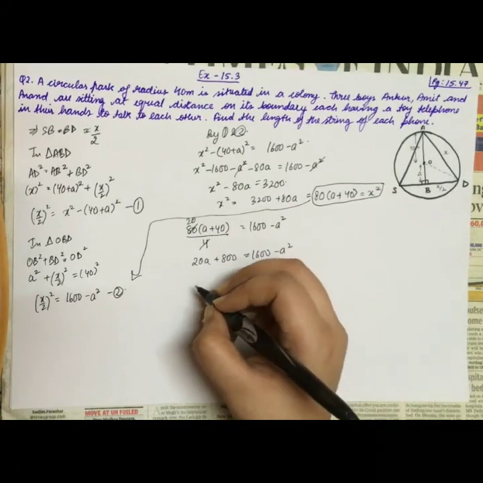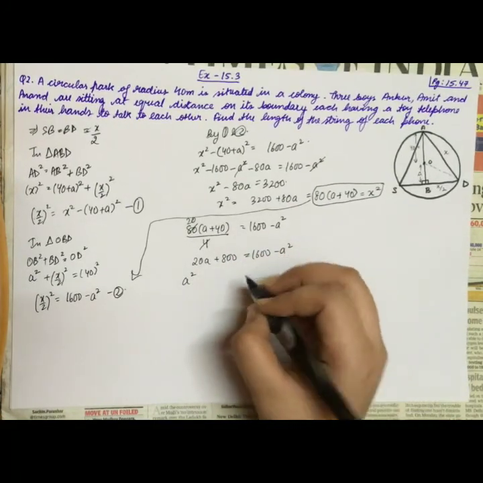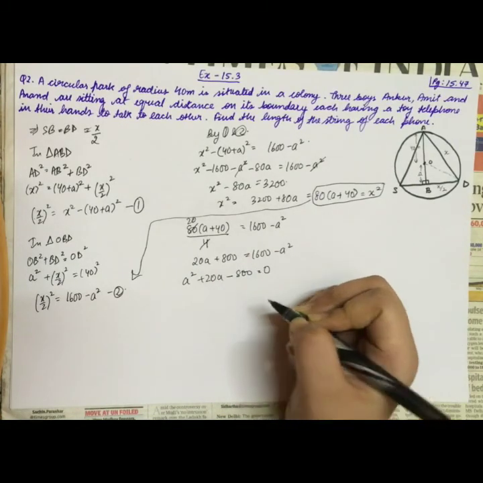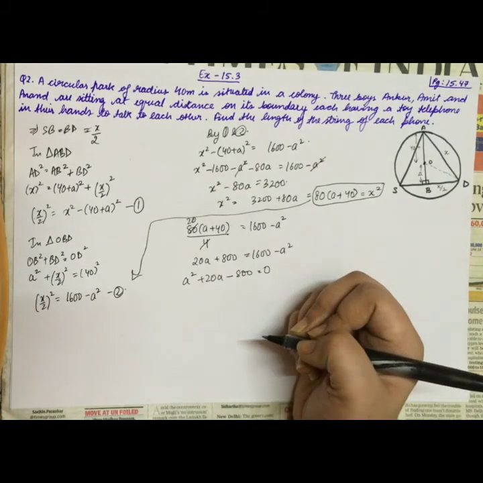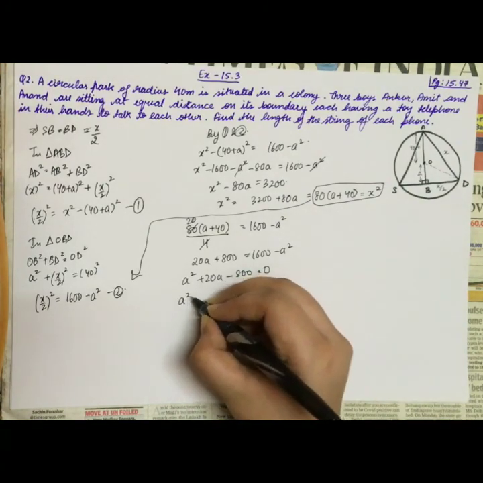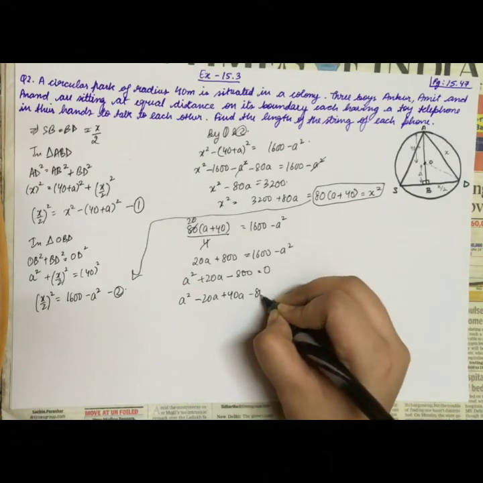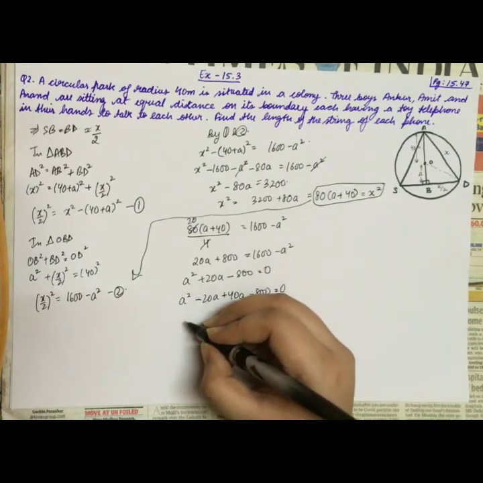Now we can see that it becomes an equation A square plus 20A minus 800 is equal to 0. Now we'll use middle term splitting, therefore it will become A square minus 20A plus 40A minus 800 is equal to 0.